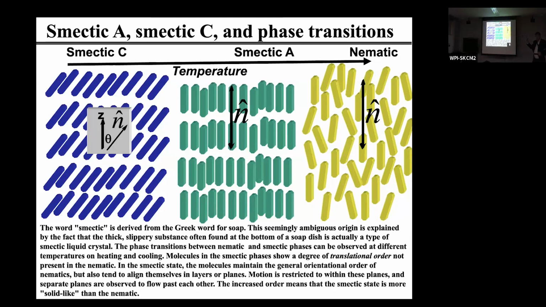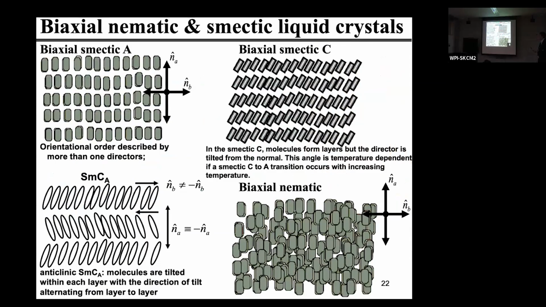So these types of phases are called mesophases for the reason that they occur in between the crystalline solid states and isotropic states, right? So the intermediate phases that occur in a certain temperature range within which they are ground states.